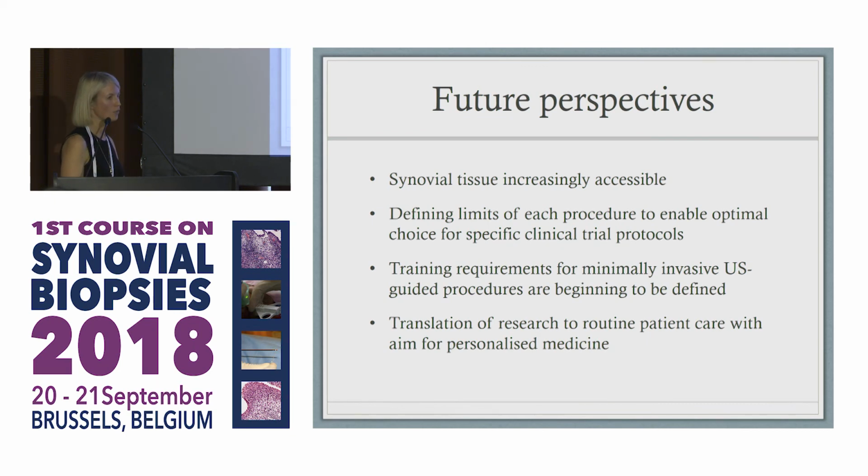And we are beginning to define the limits of each procedure, and that enables us to optimise our choice for specific clinical trial protocols. We're also beginning to define training requirements for these minimally invasive ultrasound-guided procedures, and hopefully, imminently, this will lead to the translation of this research to routine clinical care.